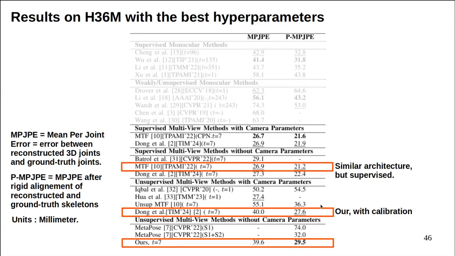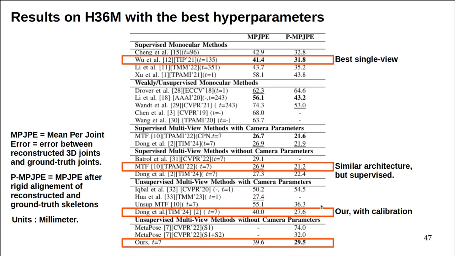Now, of course, if we compare to supervised approaches that require 3D poses to train the model, we will get slightly worse results, both in terms of MPJPE and PMPJPE. And interestingly, if we compare to the best single view approach, we get better results with our multi-view architecture.